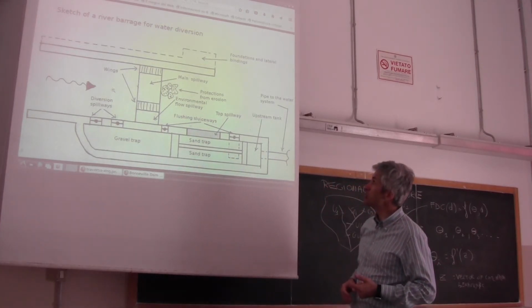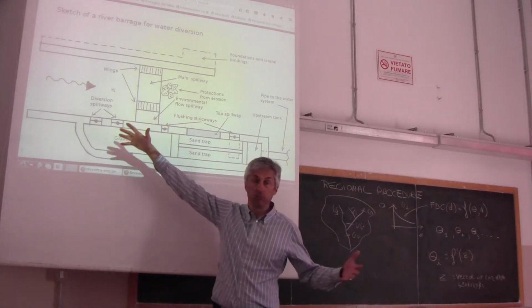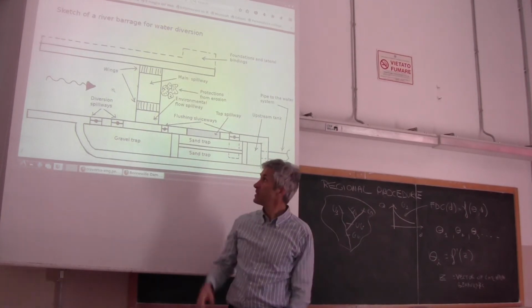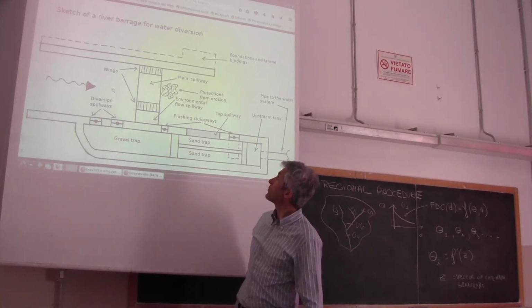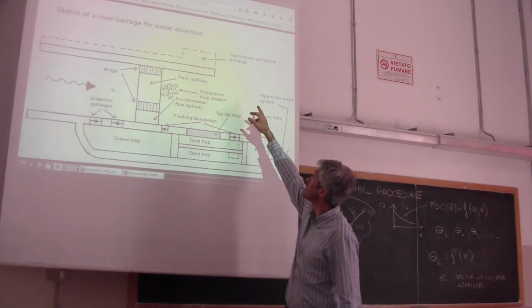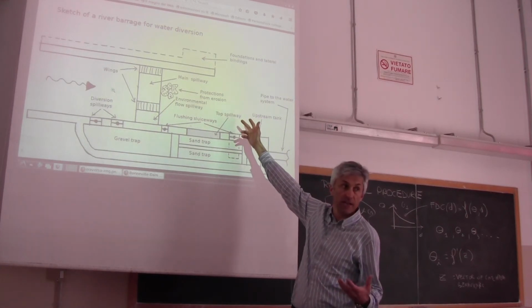Okay, other features are the protections from erosion, usually large boulders or some basin. And other features are the foundations, which are not depicted here, but we see here what I call lateral bindings.